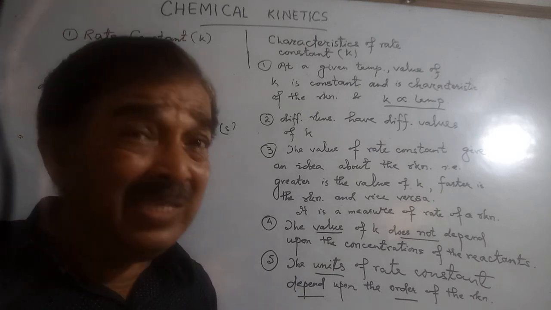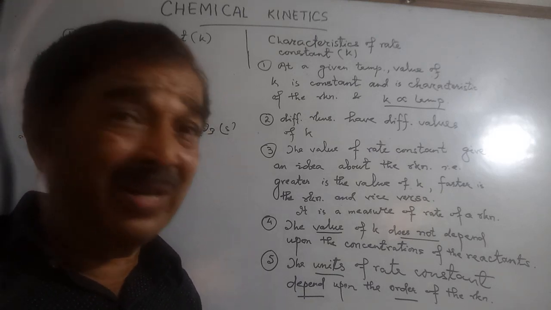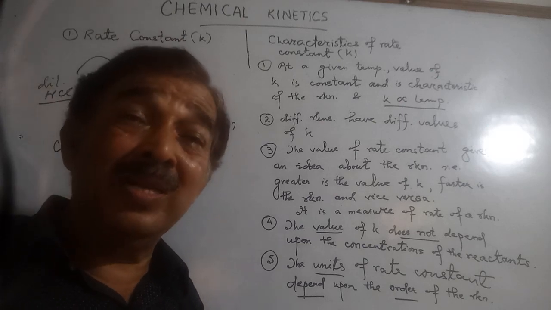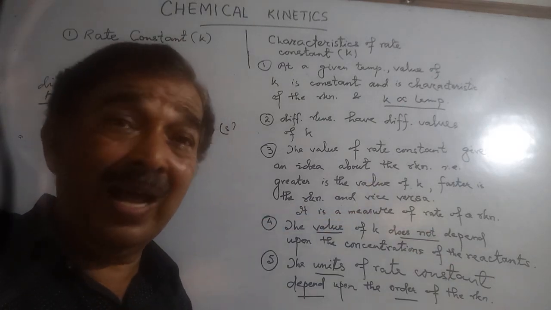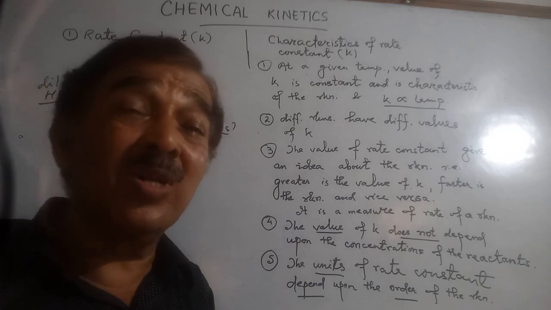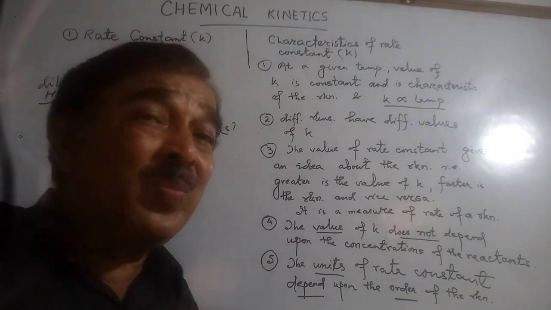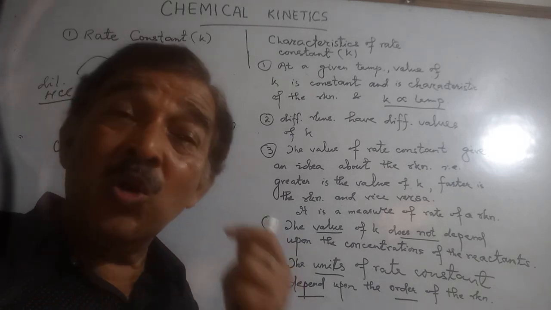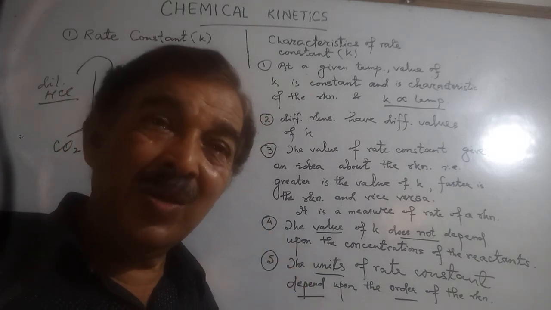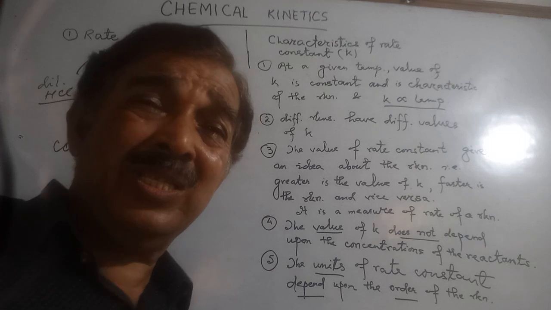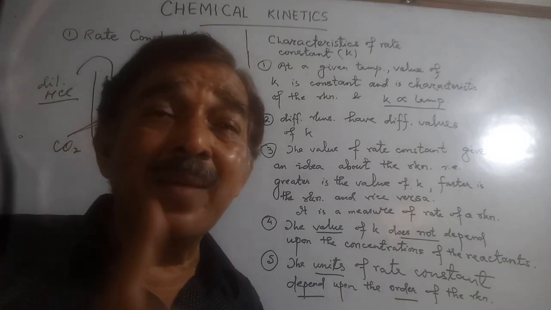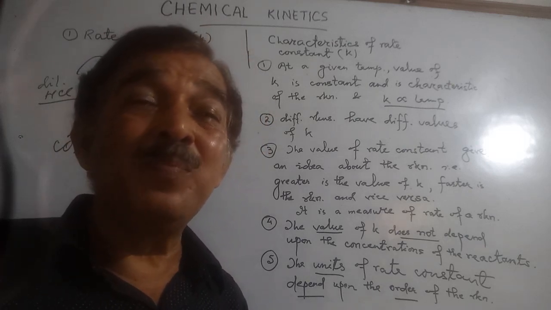Now, this quantitative relationship between the reaction rate and the molar concentrations of the reactants is explained by the law of mass action, which was given by M. Goldberg and P. Weiss.